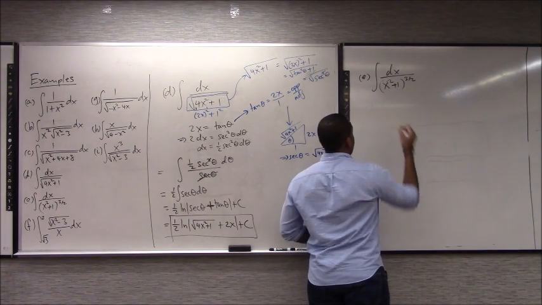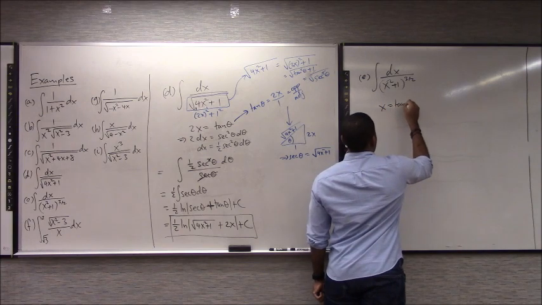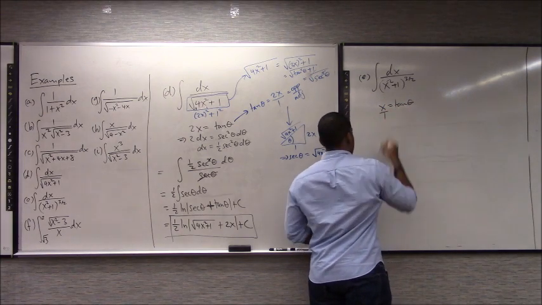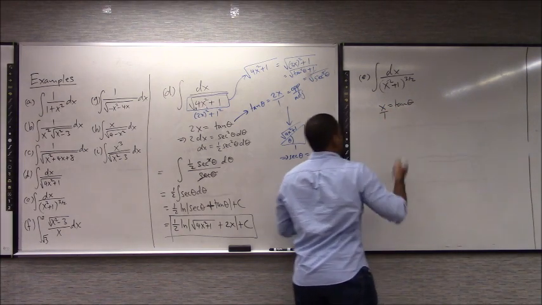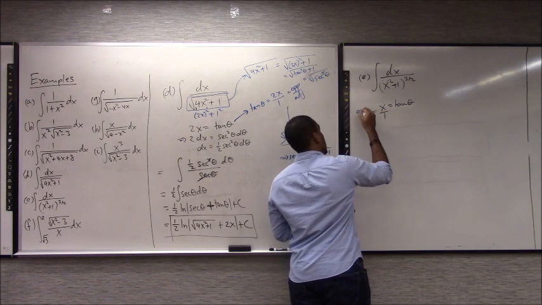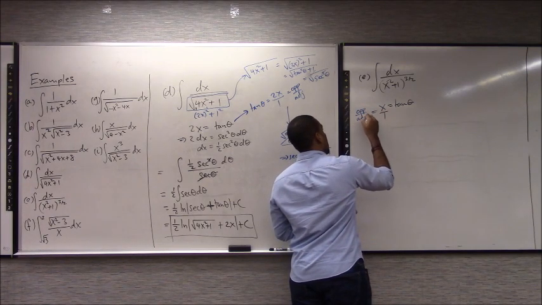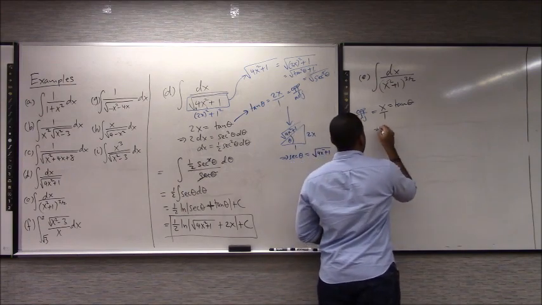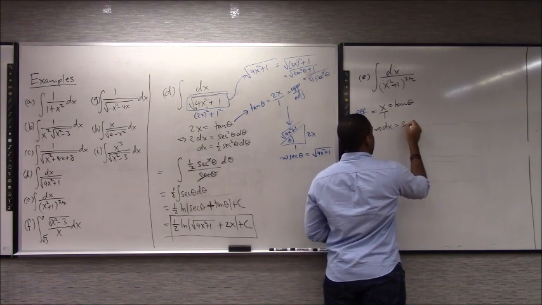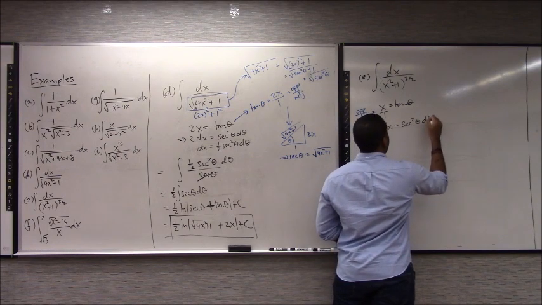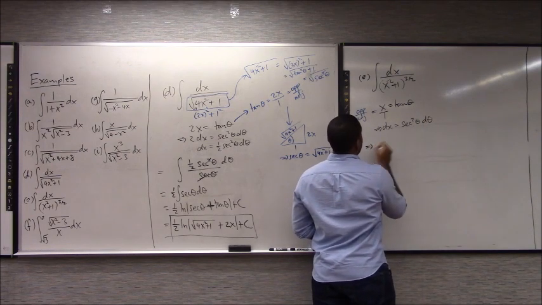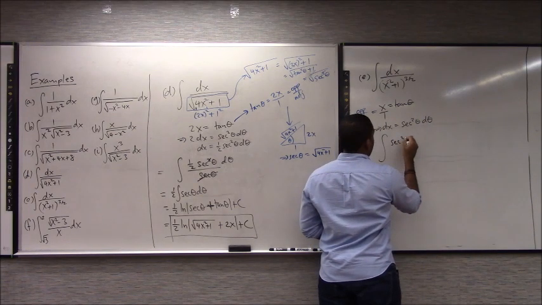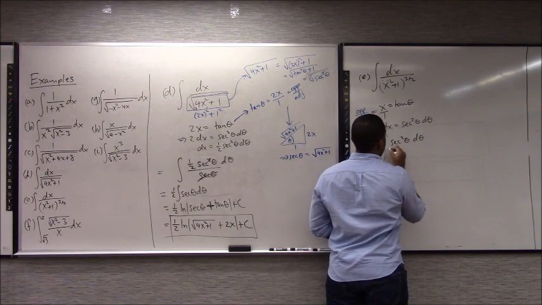X equals tan theta, which means you can think of this as x over 1. So for future reference, that's going to be my opposite over adjacent. Now, this means that your dx is going to be the derivative of tangent, secant squared theta d theta, and we're going to get secant squared theta d theta over.